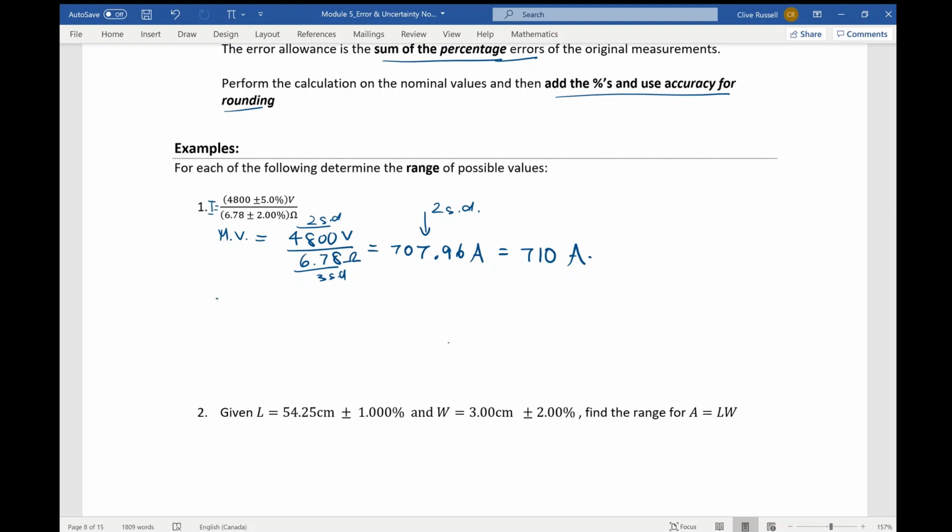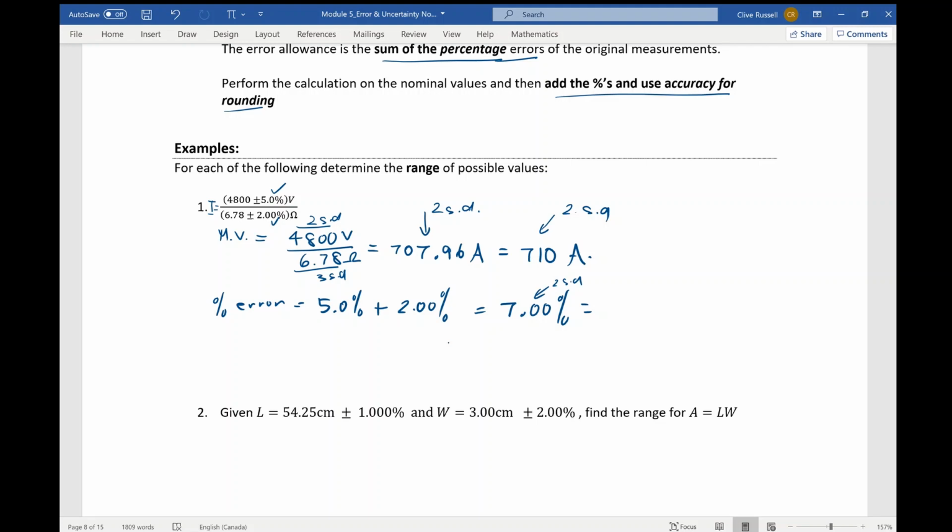Now let's look at our percent error. Now we're going to be adding the 5 and the 2. So it's going to be 5.0% plus 2.00%, which works out to be 7.00%. But again, we have to match the significant digits. Because we had 2 significant digits there, we also need to have 2 significant digits here.